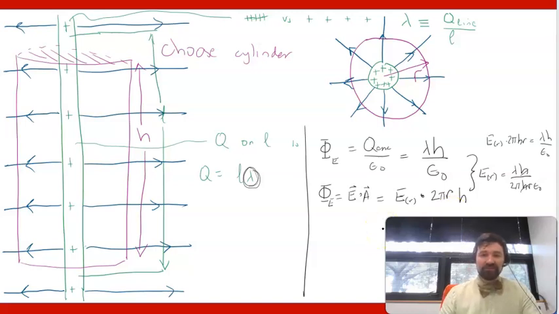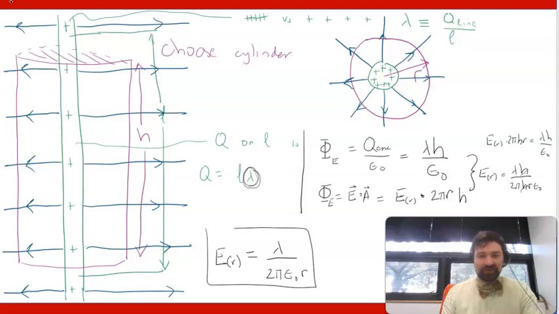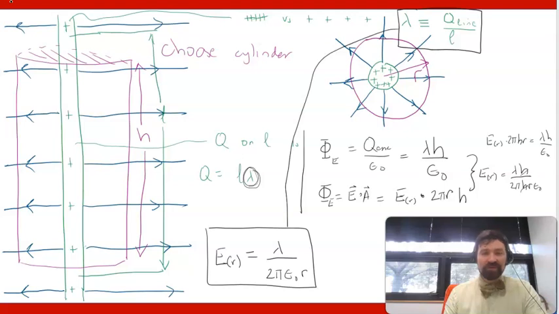And so finally what this means is that my total E field is a function of distance from the wire and is given by lambda divided by 2 pi epsilon naught r. And that gives me my field strength some distance r away from the wire in terms of this charge per unit length.